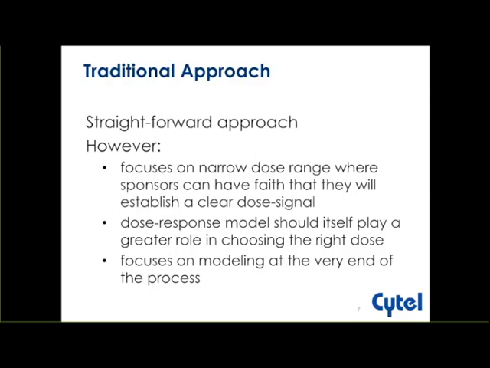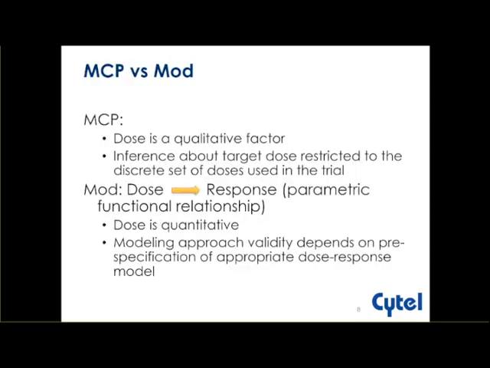So for that, the MCPMod methodology has been developed and has been around for quite some time, and it consists of two separate components. If you view them individually, the MCP component basically treats dose as a qualitative factor and then proceeds in making inference about the target dose restricted to this discrete set of doses that you used in the trial.